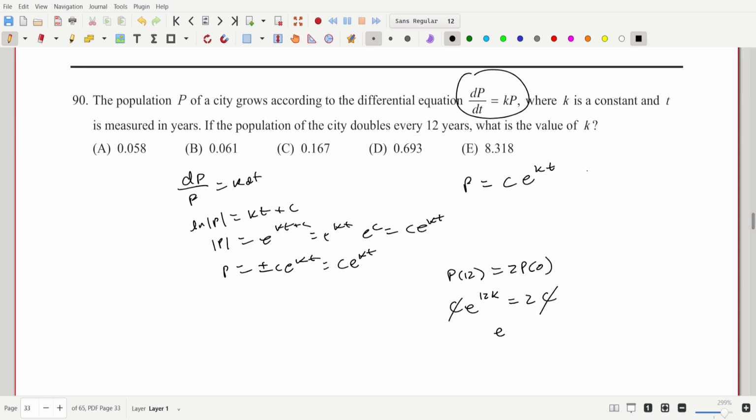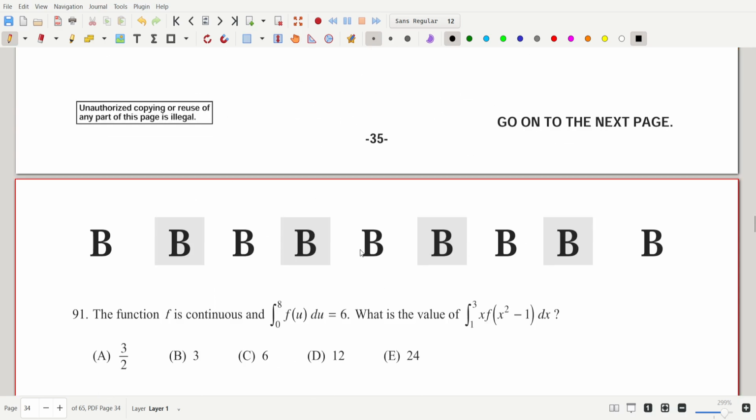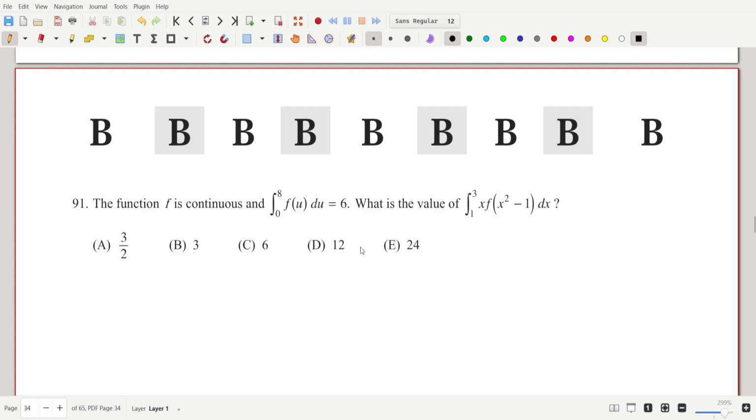Natural log on both sides: 12k is natural log 2. So k is ln 2 over 12. Calculator says 0.0577. Yep, 91.